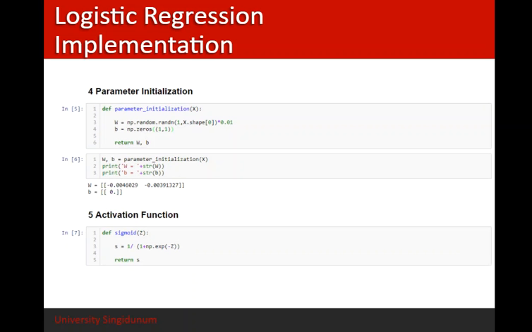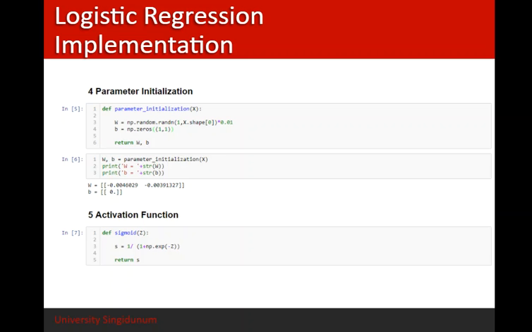Okay, so here is the parameter initialization. We created a function, define parameter initialization, and we have one input, one argument, parameter x. Then w is the weight, as we said, and b is the bias, and we are initializing the values of w randomly.